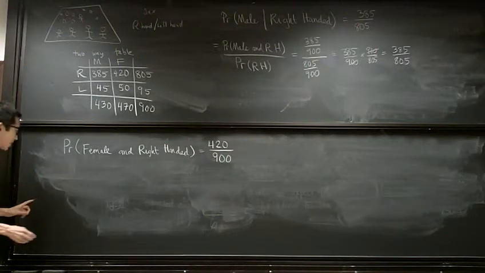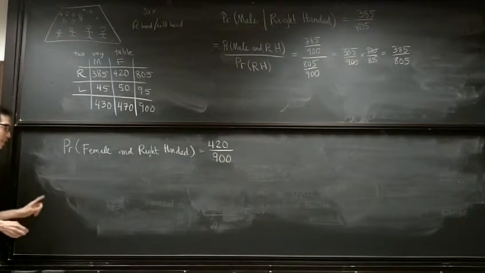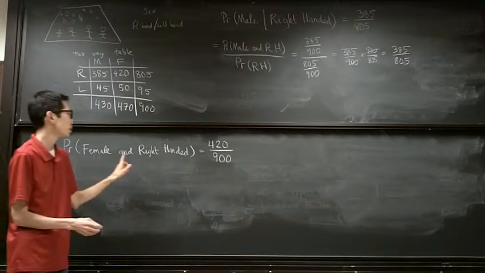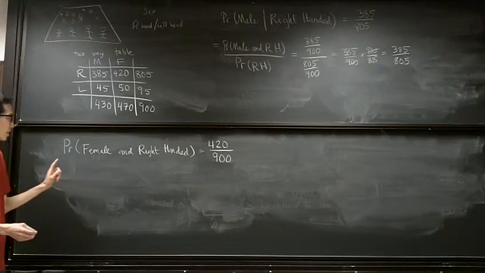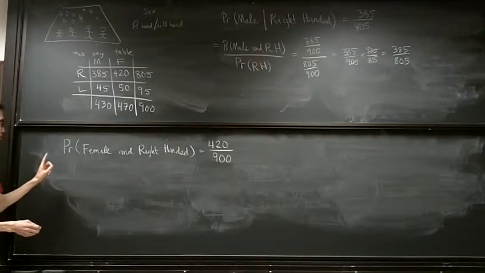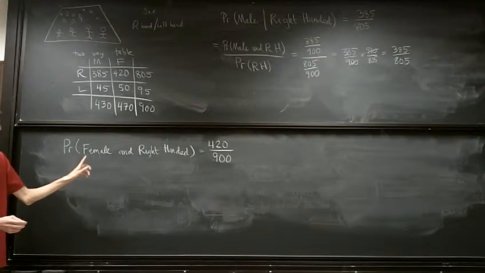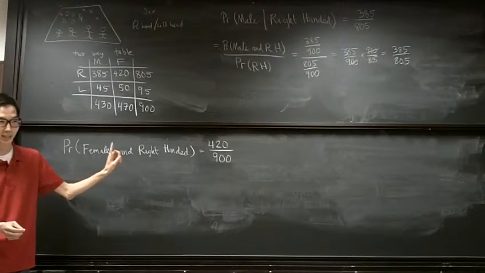What's the probability that we pick someone who is female and right-handed?